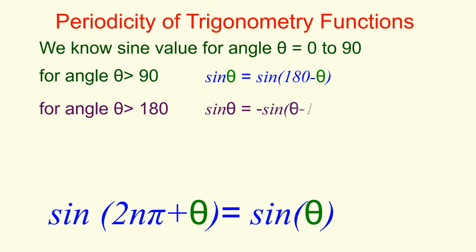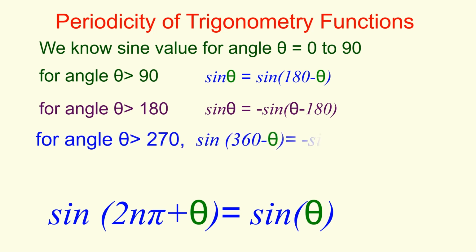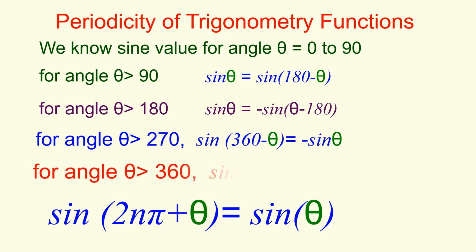Note here that the value of sine only repeats after 360 degrees, and we can write sine 2 pi plus theta equals sine theta, or sine 2 n pi plus theta equals sine theta.